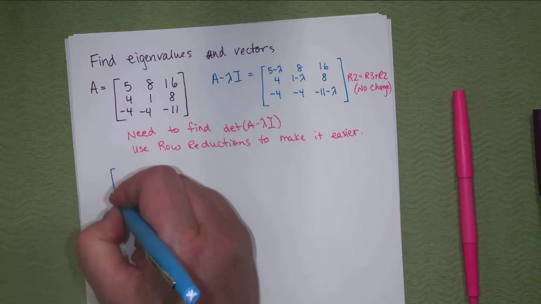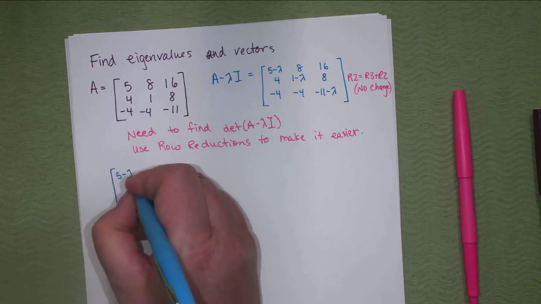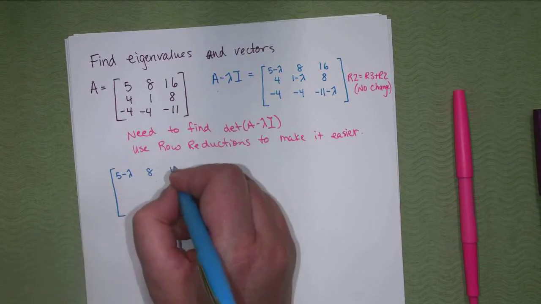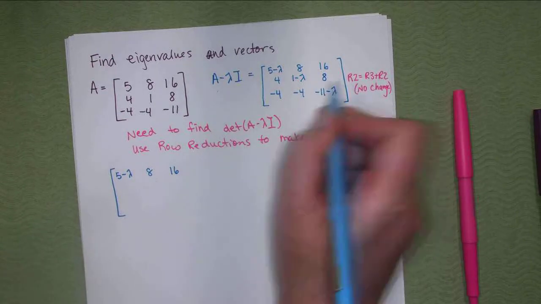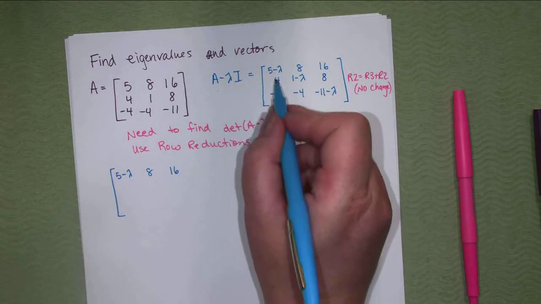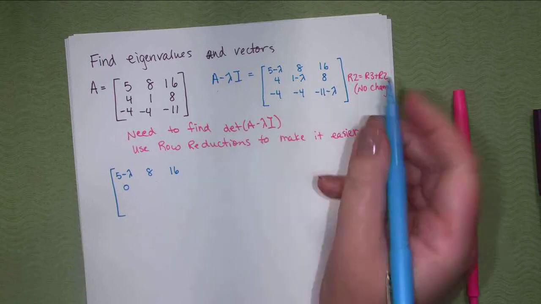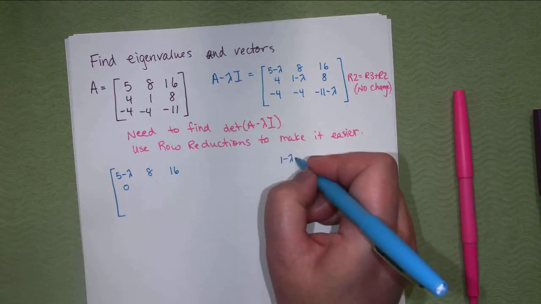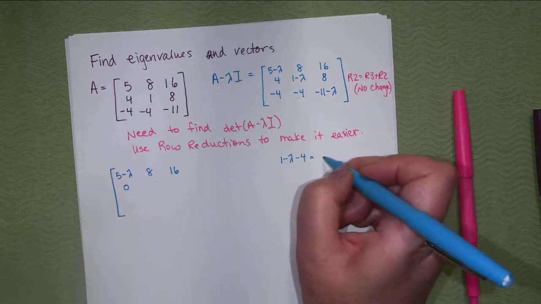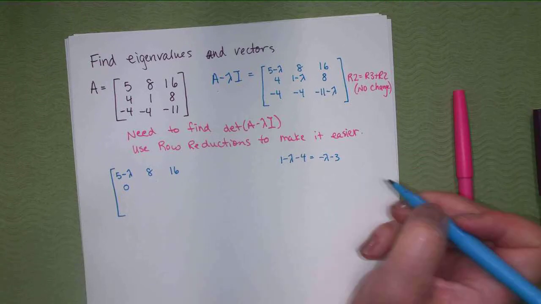So what will happen if we leave row 1 alone? We're going to replace row 2 with these added together. So that will be a 0. This plus this, 1 minus lambda minus 4, minus lambda minus 3.